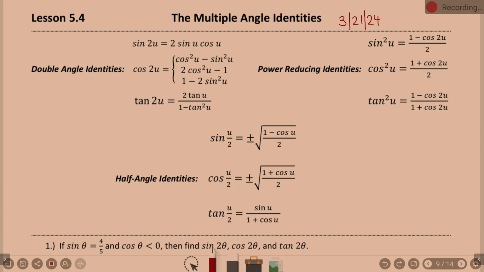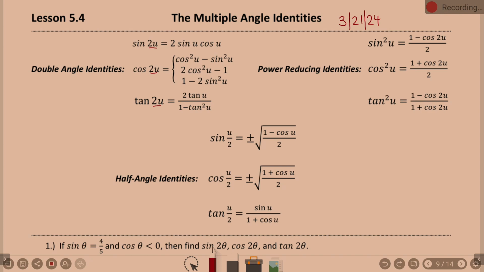Is it half angle, I think, or power reducing, that sometimes will randomly come up in calculus. But okay, double angle identities. This first batch are called double angle identities because if you look at the variable here, it is 2u. That could be an x, or a theta, or whatever variable you prefer.